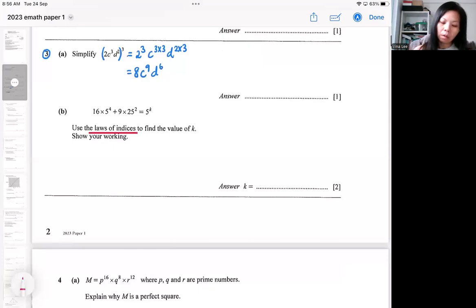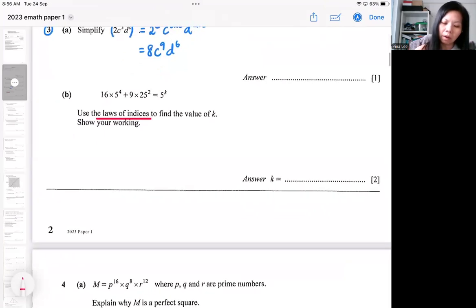So how am I supposed to use the law of indices? First of all, you need to check that there is base 5. Our concern is the base 5. You need to see this as 16 groups of 5 power 4.